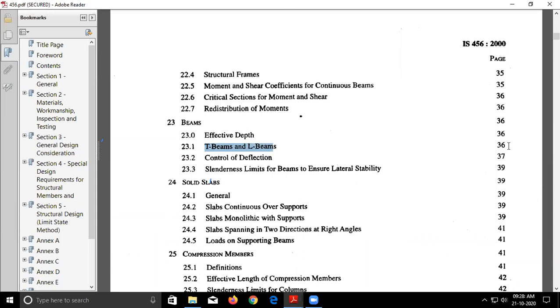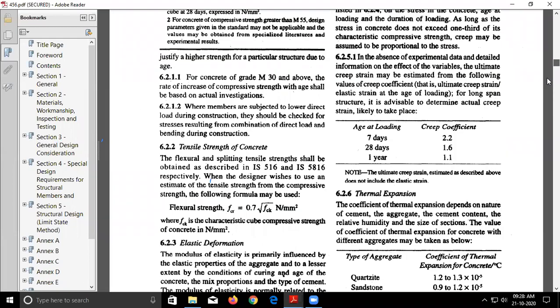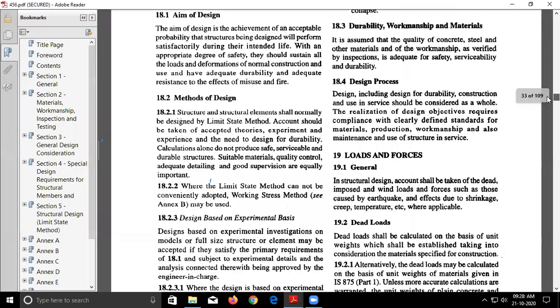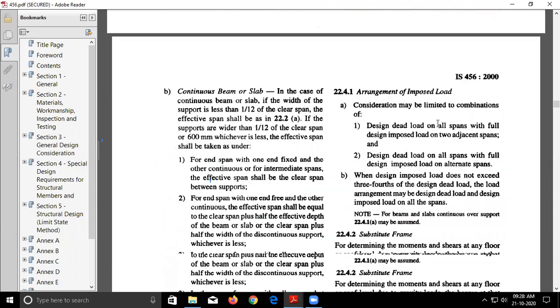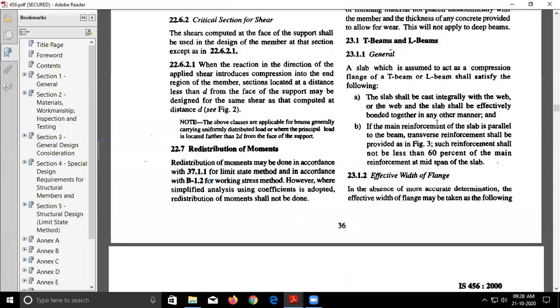So you should always refer to the IS code. It is always better. On page number 36, we will find some introduction of the T beams also. Here you can see clause 23.1, T beams and L beams.